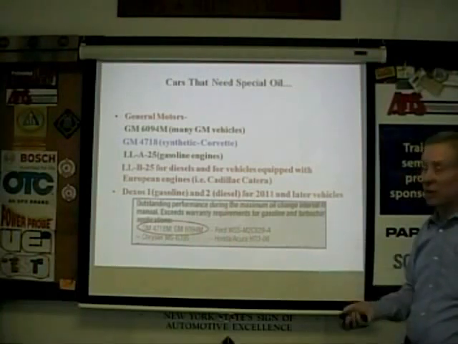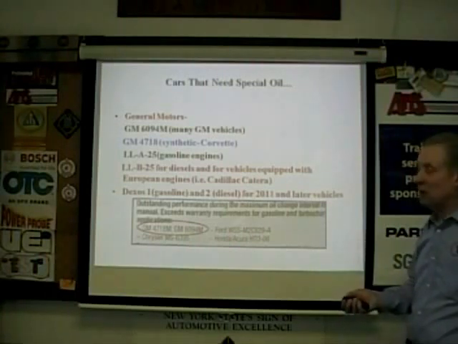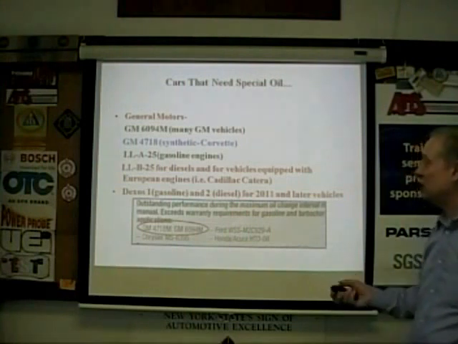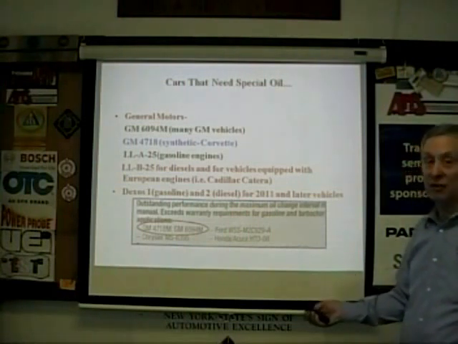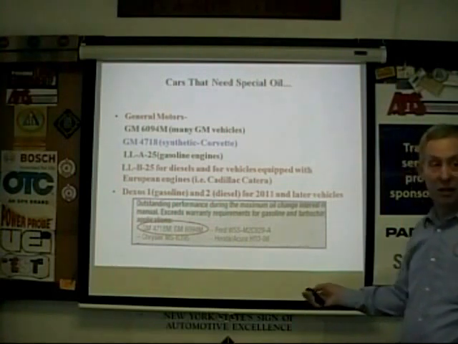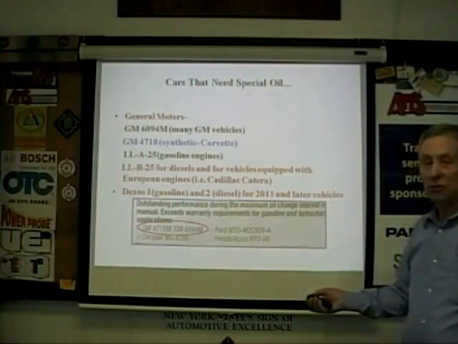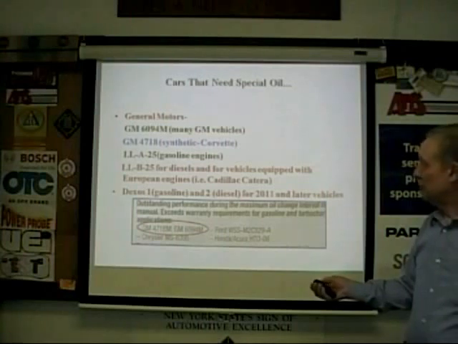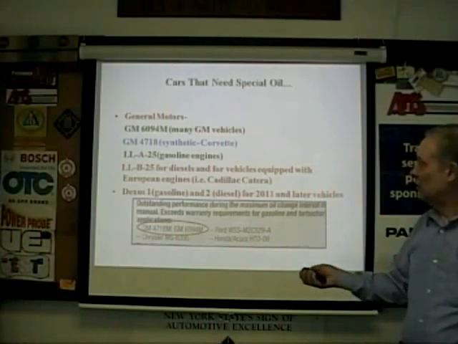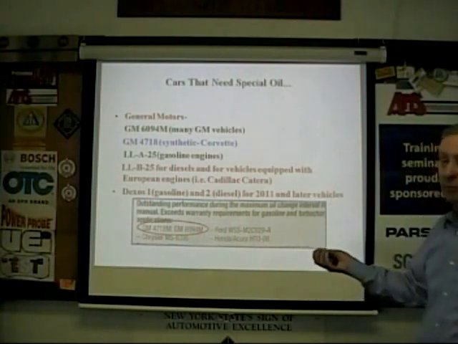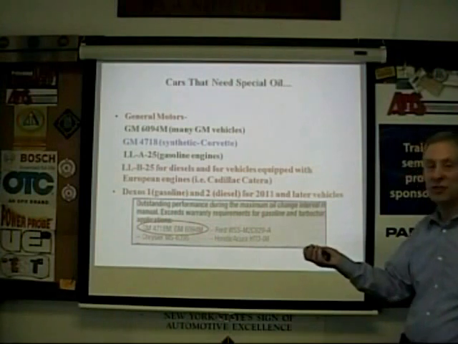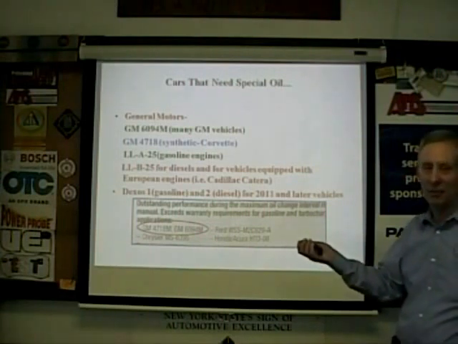And the new stuff, Dexos 1 is GM's new specification that's supposed to be backwards compatible and global for all vehicles in the whole world that GM sells. So basically that oil only meets a couple of those specs there, that Corvette and many GMs, but not that new stuff. Right, that's correct. The Dexos 1, oil producers are kind of resisting this, but eventually they're all going to come on board.